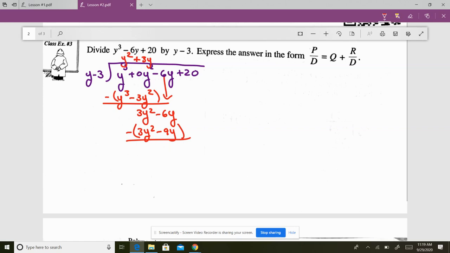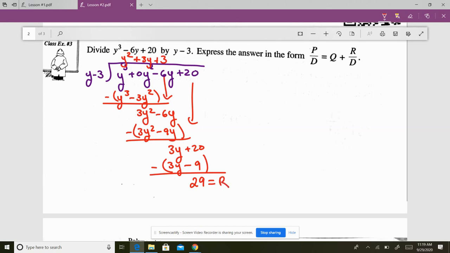What am I left with here? 3y. Bring down the 20. How many times does y go into 3y? 3 times, plus 3. Then I got 3y minus 9. Subtract them again. It gets a little tedious. And I'm left with 29. What is that number? That's your remainder.